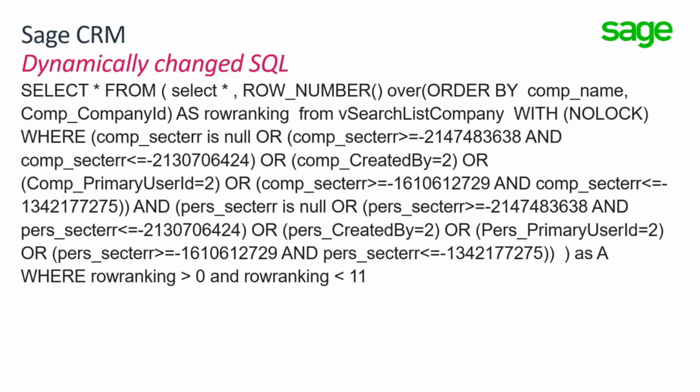We've got here a where clause that is changed and is making reference to these different security elements. So we've got comp sector being referenced here. Notice that it's looking for the idea that the record may actually be null, so it's not being put into a territory, or whether the comp sector is greater than, and then it's got a value in here.